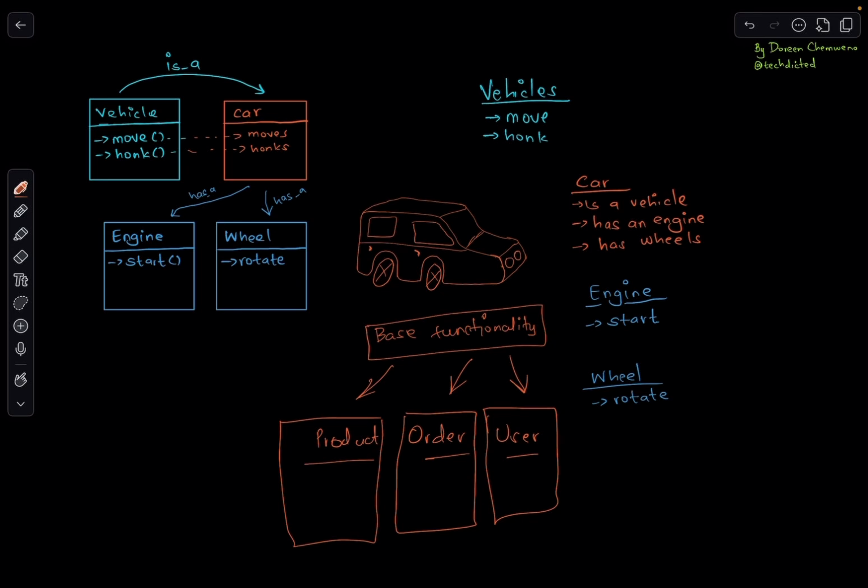And then from there, you have products, and products has an order. So in this case, composition is already in place. Internally, they've implemented inheritance for you by you inheriting from the base class.